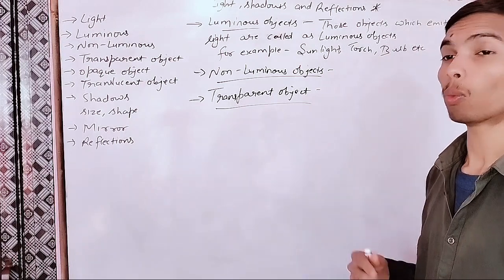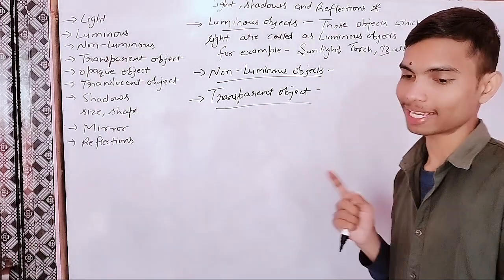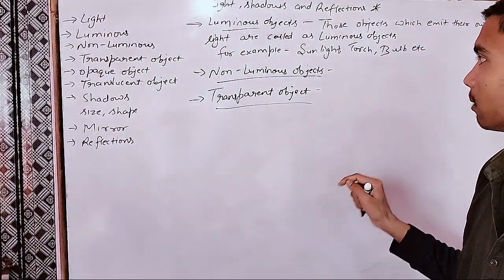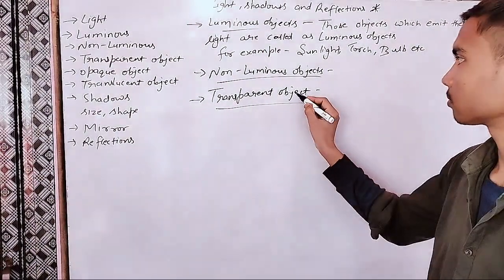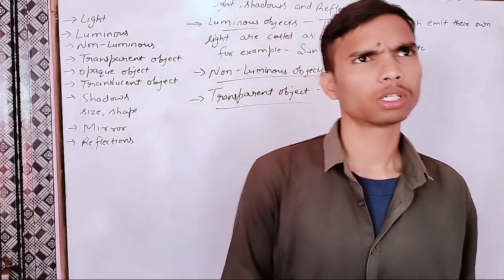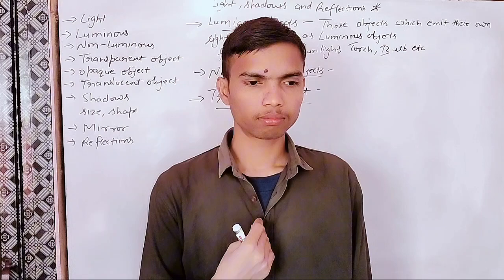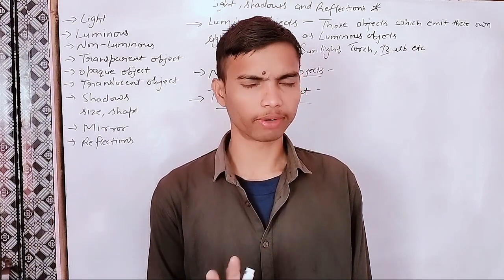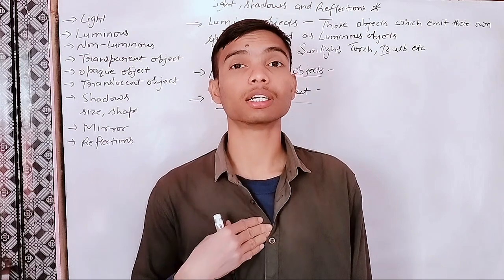When we know the meaning of this word, then we can identify easily without any barrier. So transparent object. Say, buddy, I am an object, but we don't know which type of object I am. Okay.